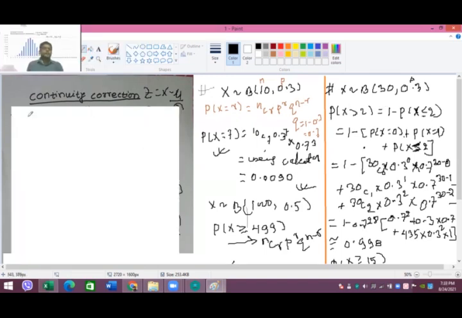So now let's talk about this problem. X follows a binomial distribution with n value 30 and probability value 0.3. So I am talking about this problem using the normal approximation. In that case, let's suppose that we want to find P(X > 2) using the normal approximation.